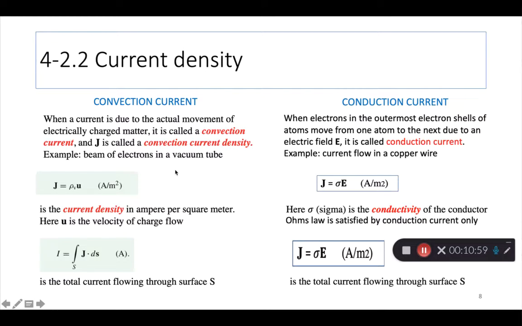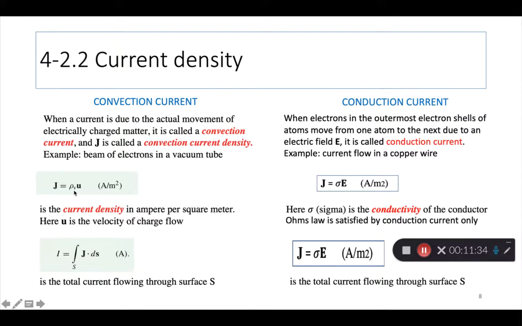Such kind of a current is called convection current, and so the density of that is connected to your charge density rho v, and also related to the speed at which the electrons are moving. So those two factors together give you the current density in amperes per square meter.